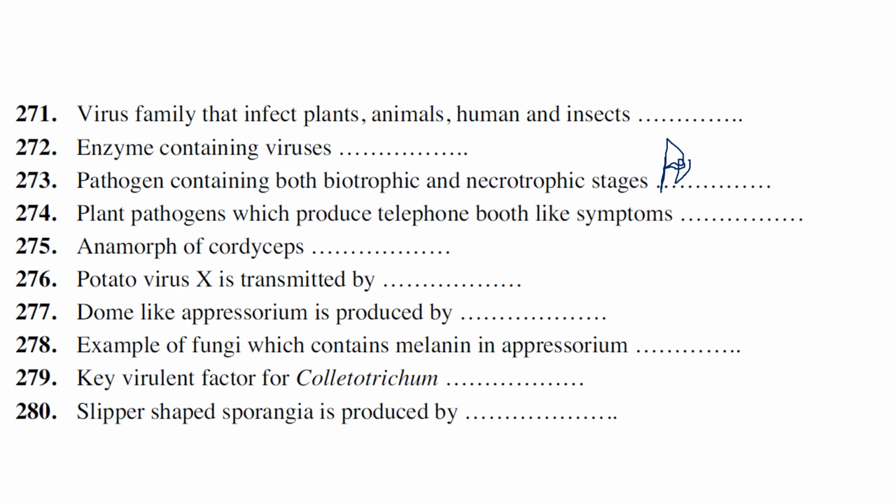Plant pathogens which produce telephone pole like symptoms. All viroids like coconut cadang-cadang viroid, coconut lethal yellowing, and chestnut blight produce telephone pole like symptoms.